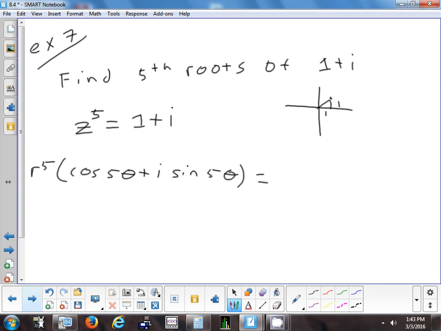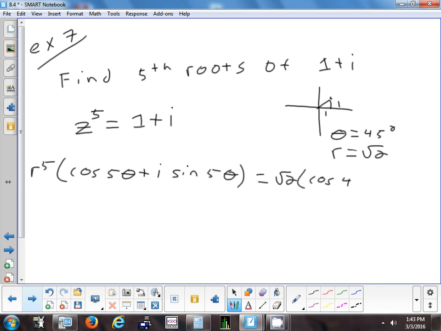So that's 1, that's 1. If I wanted to find my angle, it'd be inverse tangent of 1 over 1, which is how much? Yeah, so my angle is 45. And what's the hypotenuse in a triangle where both legs are 1? Square root of 2. Now just write that out in trig form.